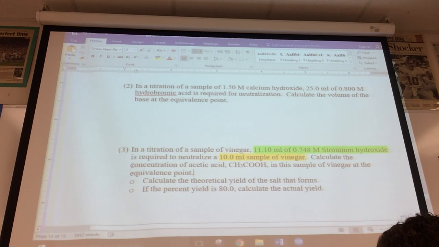So we can calculate the concentration of the acid in the vinegar using a neutralization reaction. In addition, you'll see that it says calculate the theoretical yield of the salt that forms as well as the actual yield when given percent yield.